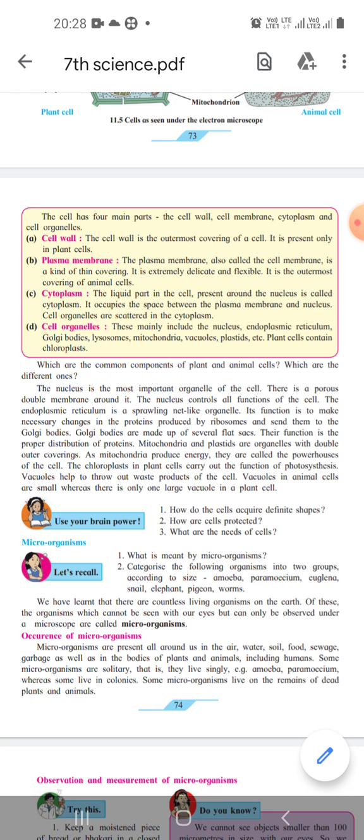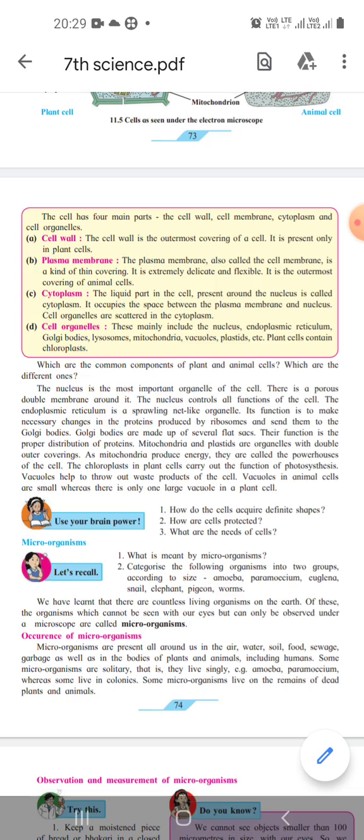Understood? And these are very minute, that's why we are unable to see them with naked eyes. Such minute particles are called microorganisms.